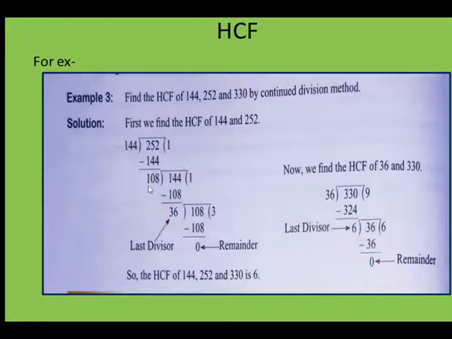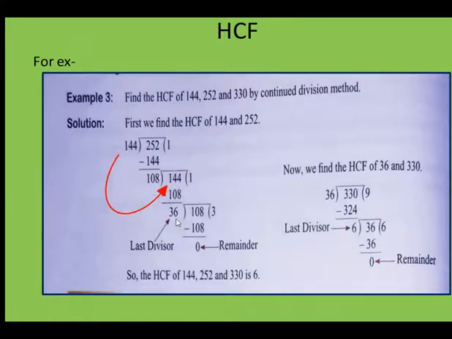Now the remainder 108 becomes the divisor and the previous divisor becomes our dividend. So we divide 144 by 108, one time, 108 into 1 is 108.